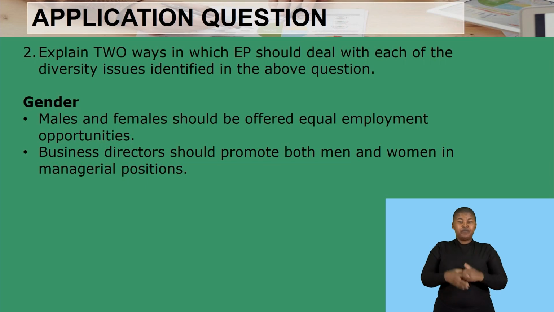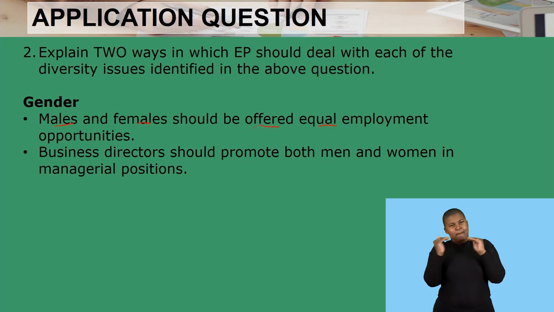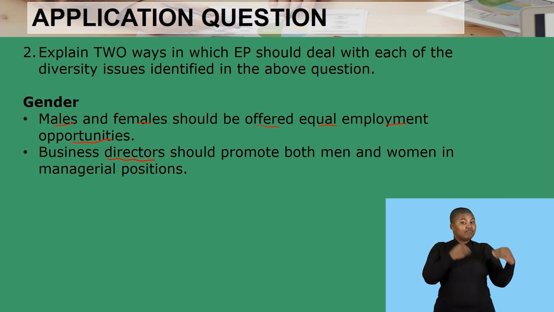So this is what you are supposed to do as a business. You are supposed to make sure that males and females are offered equal employment opportunities in your working environment. We should see equality of the genders to show that you are including, because diversity is about including them. That is one. Number 2, business directors.